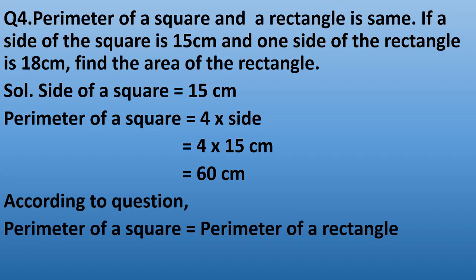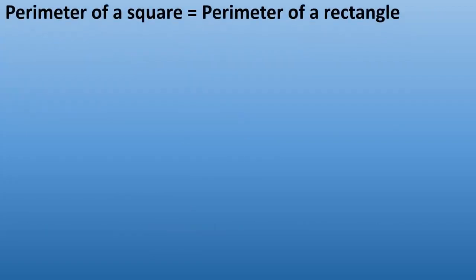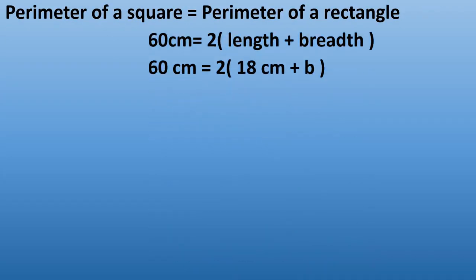Now according to the question, the perimeter of the square is equal to the perimeter of the rectangle. The perimeter of the square we have found is 60 centimeter. In place of the perimeter of the square, we have written 60 centimeter. What is the perimeter of a rectangle?